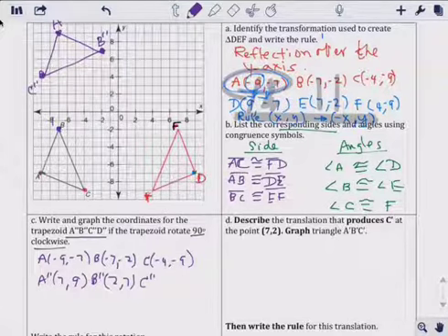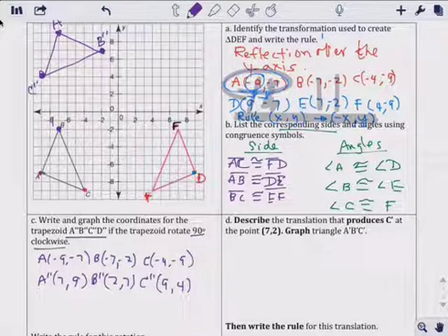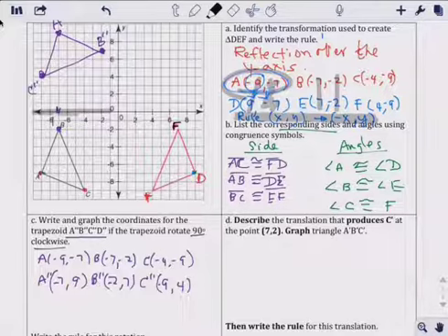C double prime is 9, 4. Okay, and I made a mistake here. That's a negative 7 right here, that's a negative 2, and that's a negative 9. Notice I made a mistake because this is on the negative side.